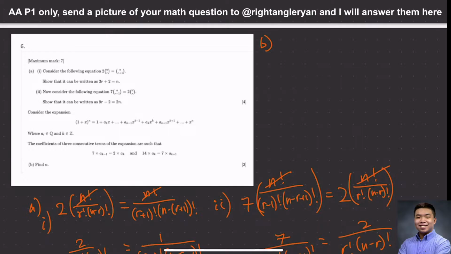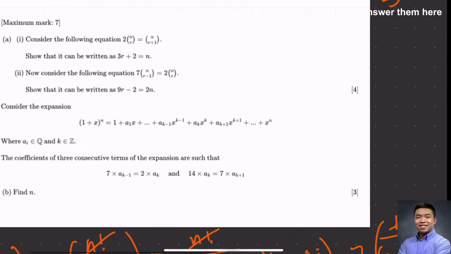The coefficients of three consecutive terms of the expansion are such that 7 times a(k-1) is equals to 2 times ak, and 14 times ak is equals to 7 times a(k+1). So let's have a look at what these are.